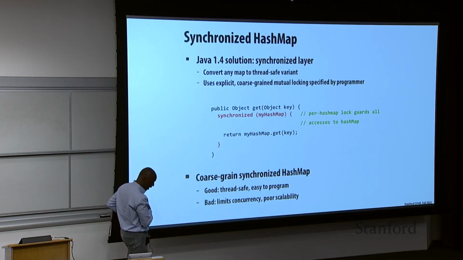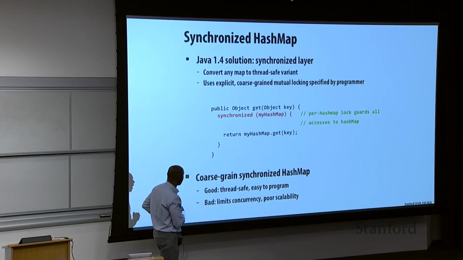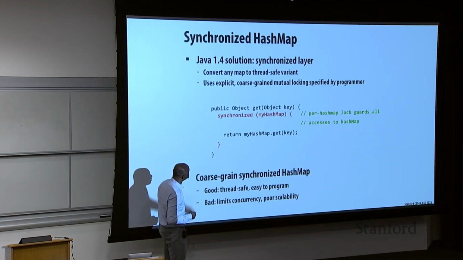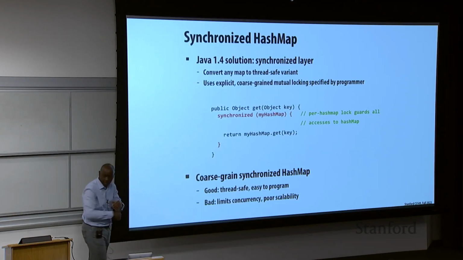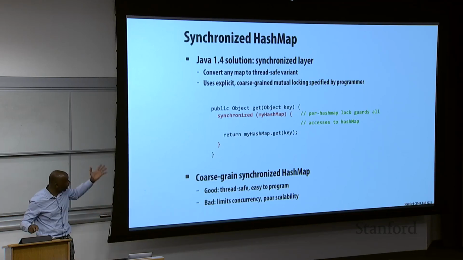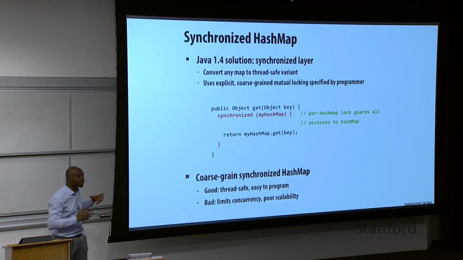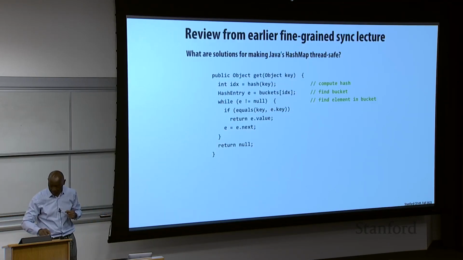So synchronized, it's easy. You make the whole hash map synchronized, and now it's thread safe, so you can use it within a threaded environment. However, the performance of this hash map may not be that good because you've got this single lock which locks the whole data structure, right?